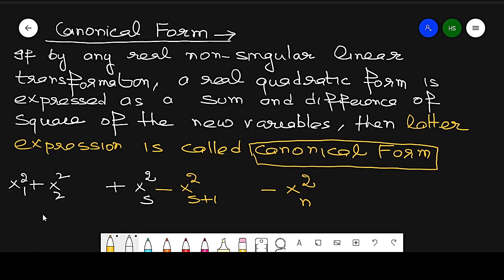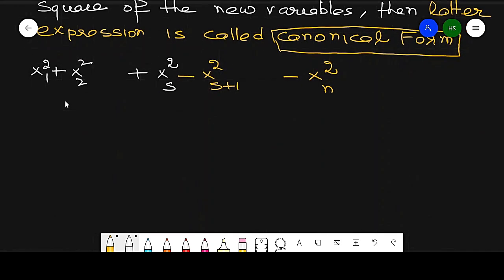After that, what is the index of the quadratic form? So how can we find the index of a quadratic form?